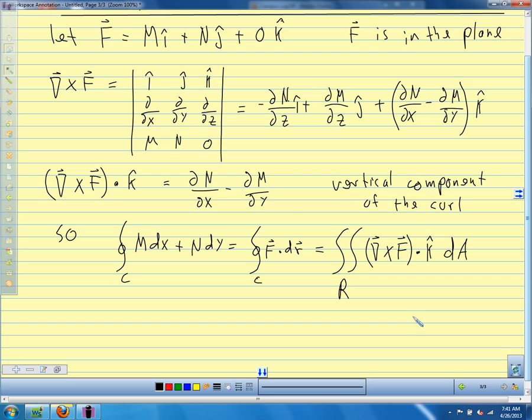But what it's telling us is that the normal component of the curl, the vertical component of the curl, tells us the tendency of the field to cause a circulation around the boundary of that region. So that gives us a hint of what the curl is telling us about our field. We'll do some more with this idea at the end of chapter 15. So this is just a little preview.